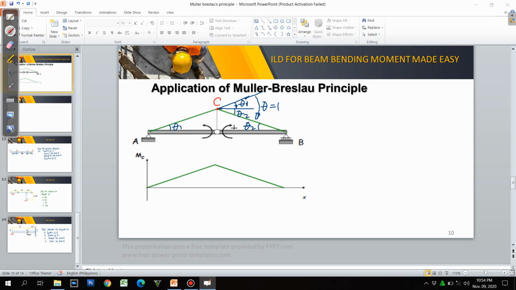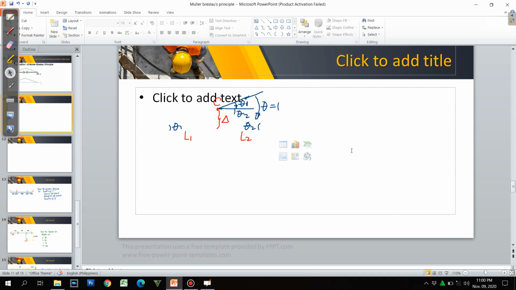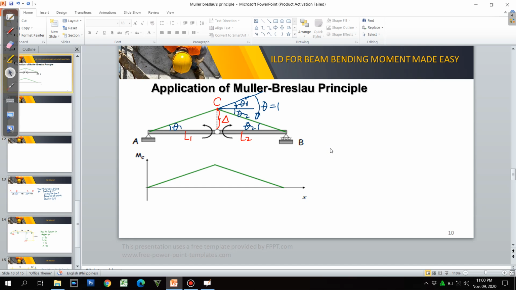So if this is point C, and this has to be delta, say that is L1 and L2, okay, so we will just say that delta is L1 times theta 1 and delta will be equal to L2 theta 2.